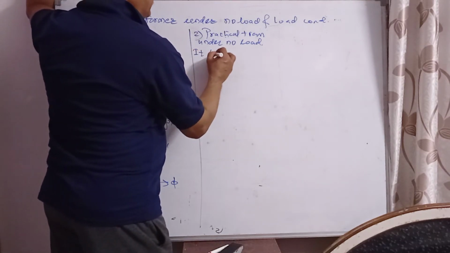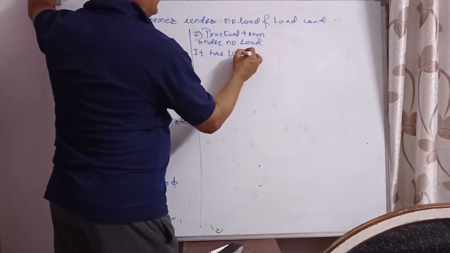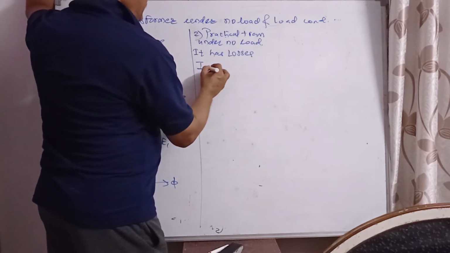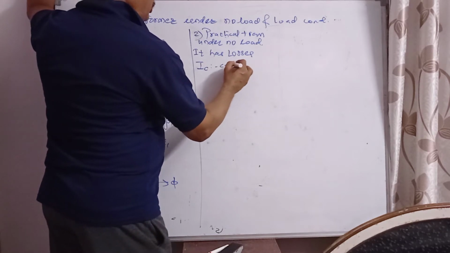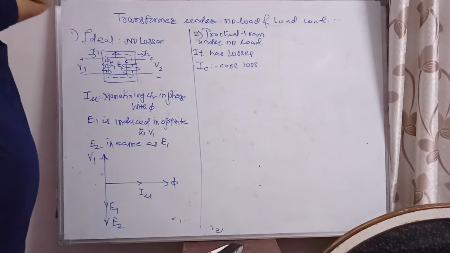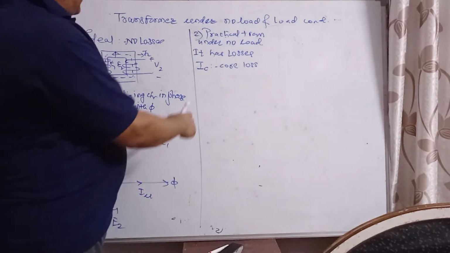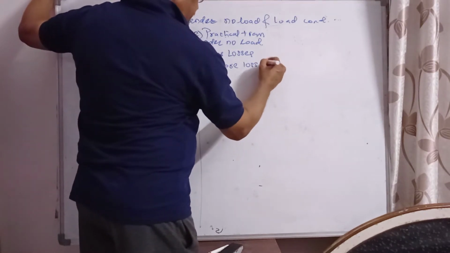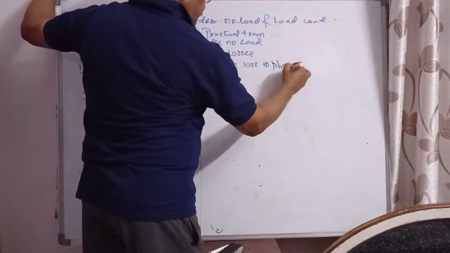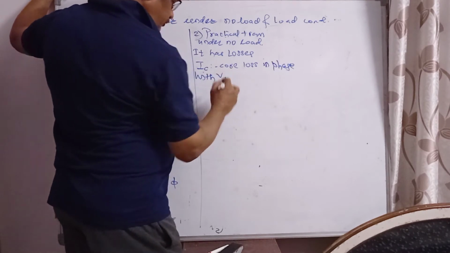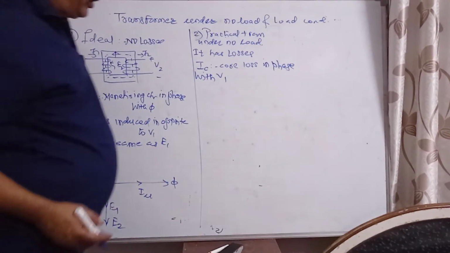It has losses. Ic, core loss. The loss taking place in core is known as Ic, and since it is because of V1, it is in phase with V1. So what is the vector diagram?